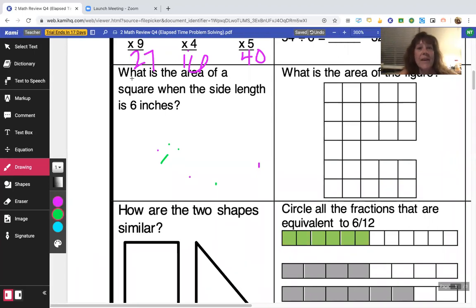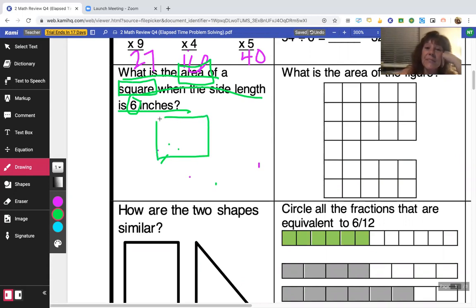What is the area of a square when the side length is 6 inches? So circling numbers, underlining question, box in keywords. Area is a keyword, and square. Evaluate. Okay, I'm going to draw a square. Not the best square. What do we know about squares? Squares have 4 sides and they're each the same length.